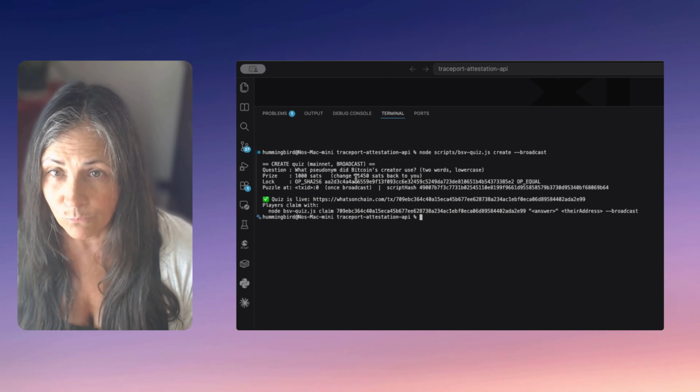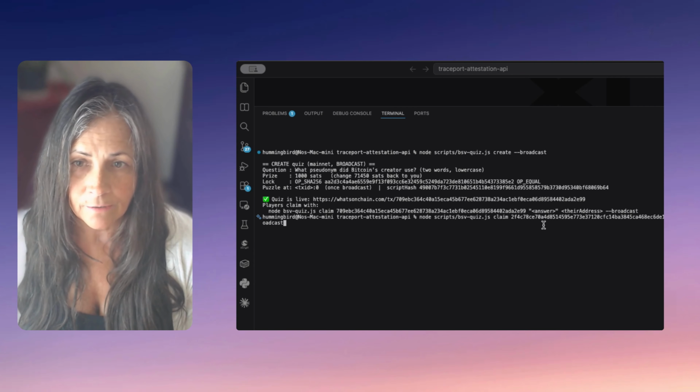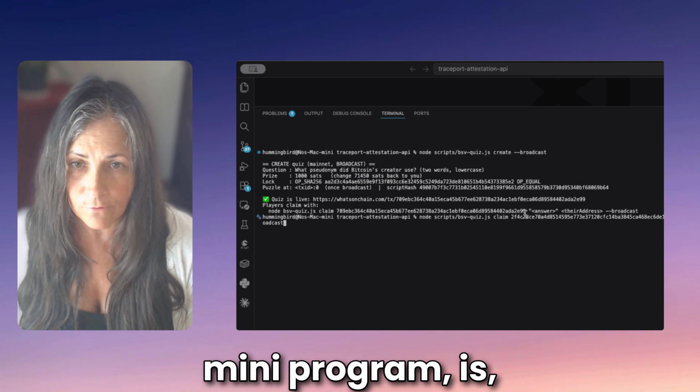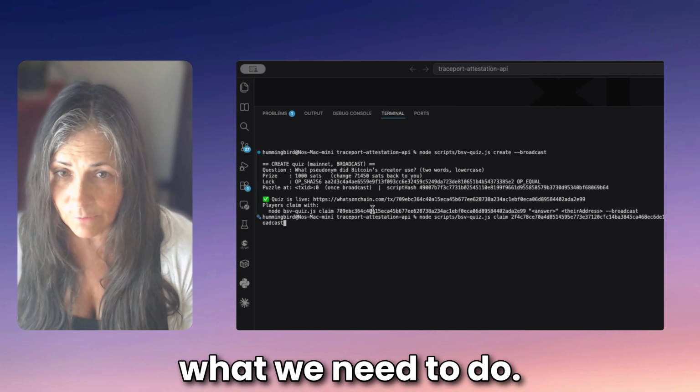So now I'm going to claim it. And so let me pull up that claim transaction. Yeah, this is right. I have to edit it a little bit, but notice here that the first thing after claim, which is the little mini program, is, in fact, it even tells us what we need to do.